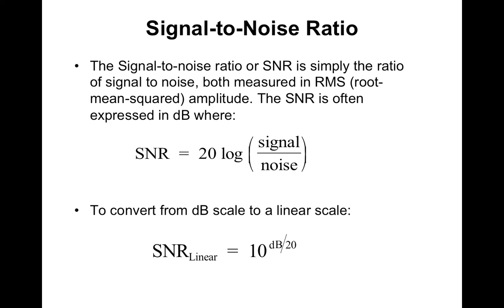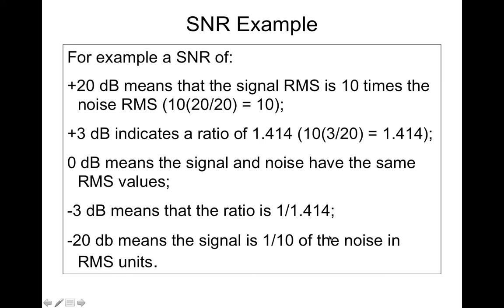Now if you want a straight ratio, so if you want a signal to noise ratio that is not in dB, then basically you can convert this by raising everything to the power of 10. So you would have 10 to the power of the signal to noise ratio in dB over 20, and that will just give you a linear signal to noise ratio.